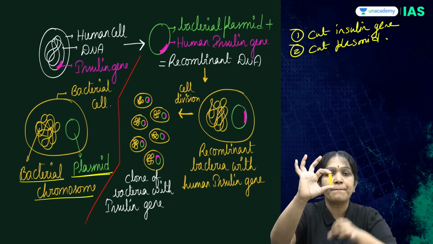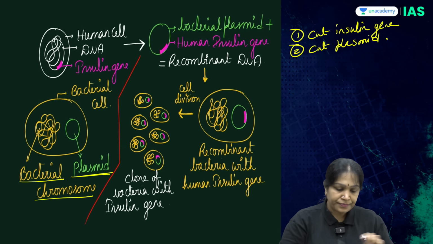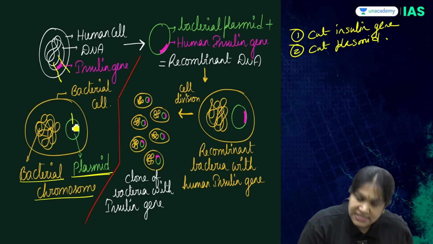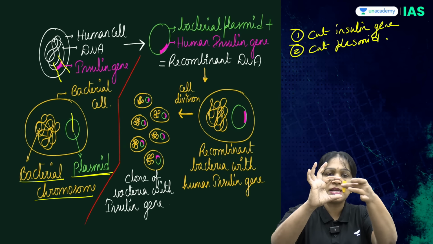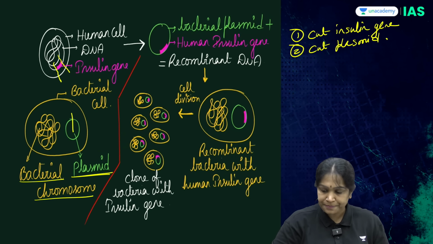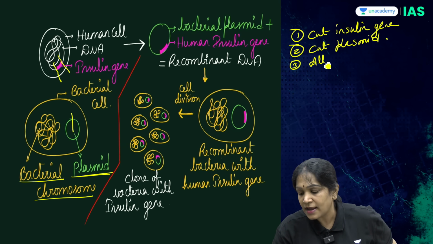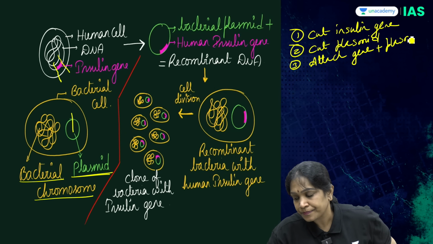Step 3 is combine both of them. Simple. Cut the insulin gene, cut the plasmid, and attach both of them. So, the third point is attach the gene plus plasmid.